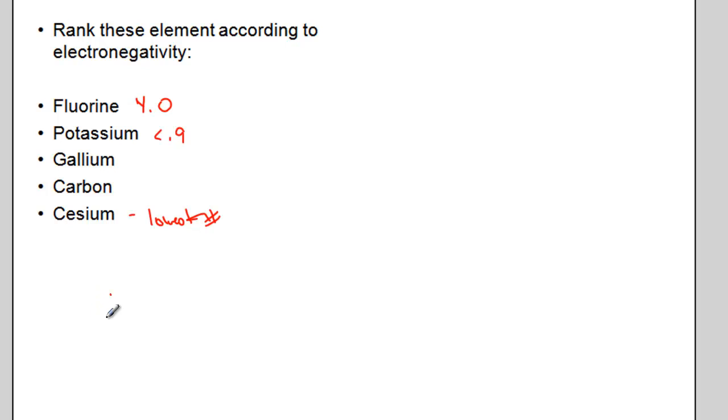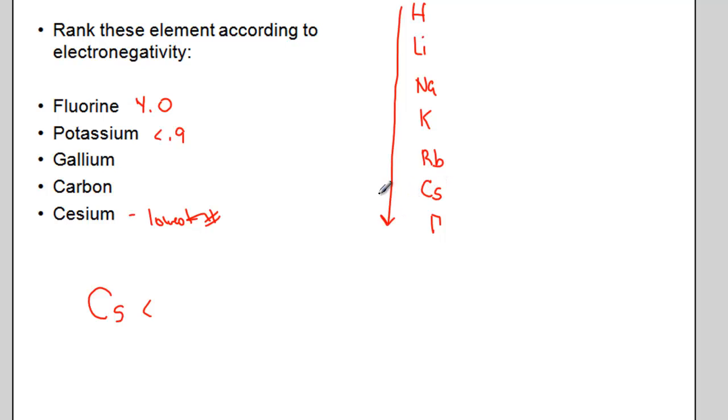So the largest atom, cesium, and again, I just want to remind you, it goes hydrogen, lithium, sodium, potassium, rubidium, cesium, francium. So this is the first column. Cesium is a much larger atom.